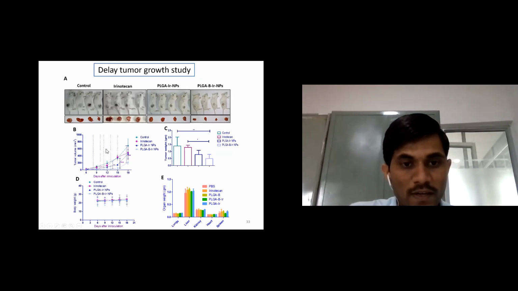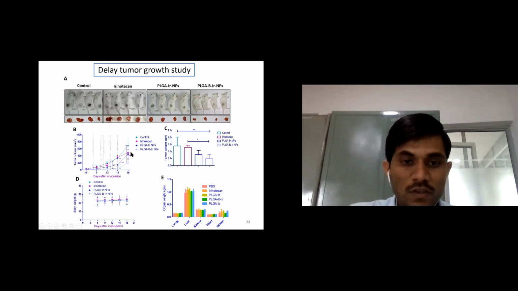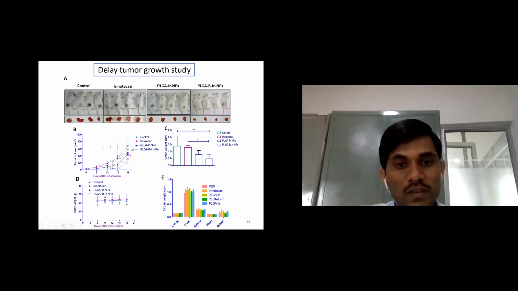We can see these vertical lines indicate the days of injection: 8, 10, 11, 13, and 15 days. We have given a 30 mg/kg dose of irinotecan and equivalent nanoparticles, and tumor size was measured with the help of a Vernier caliper. We have observed a delay in tumor growth between this control group and this treatment group.